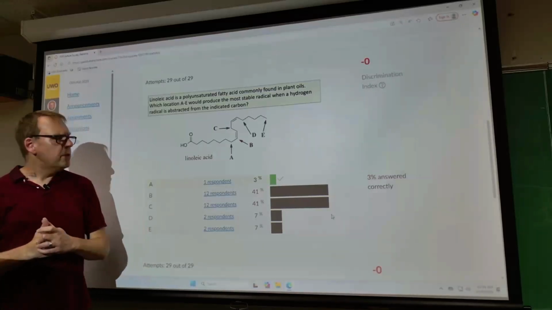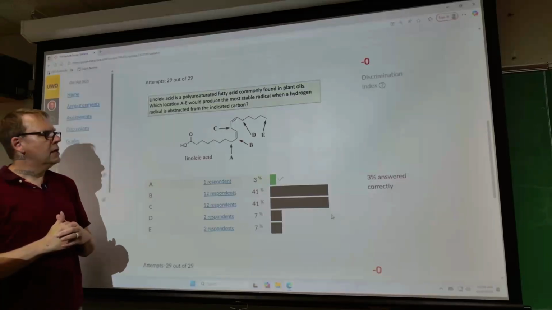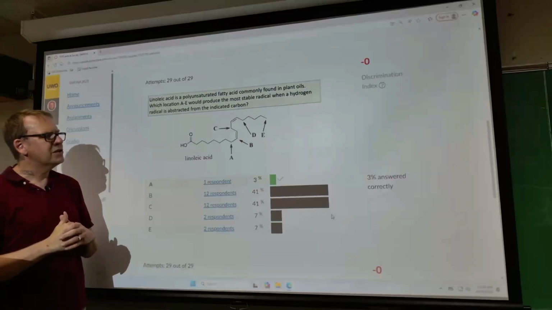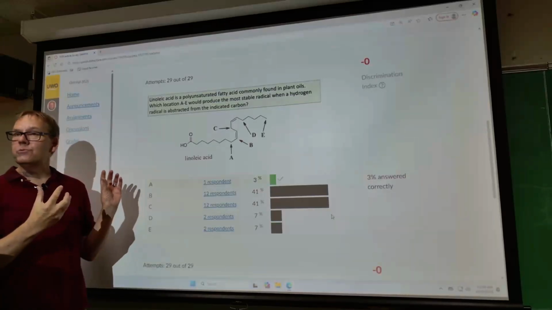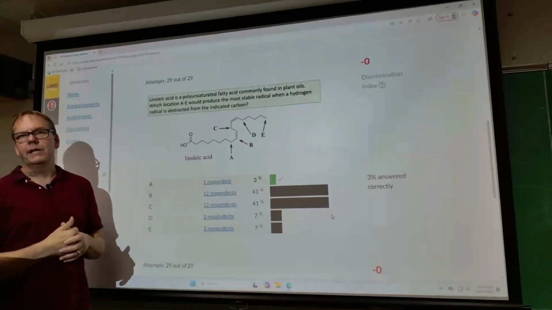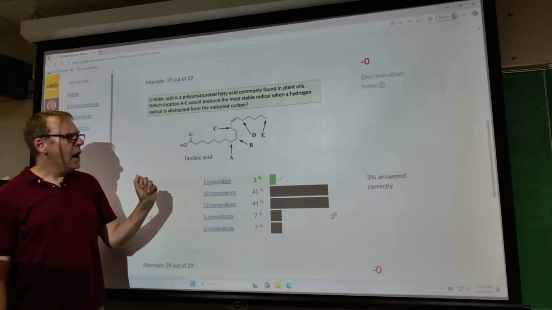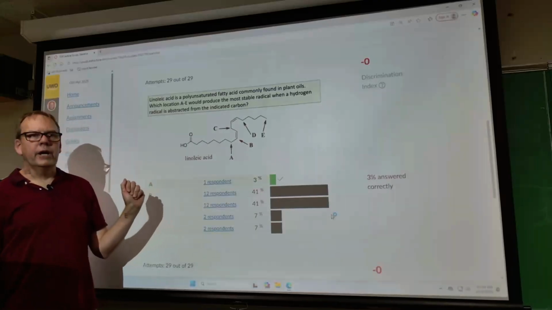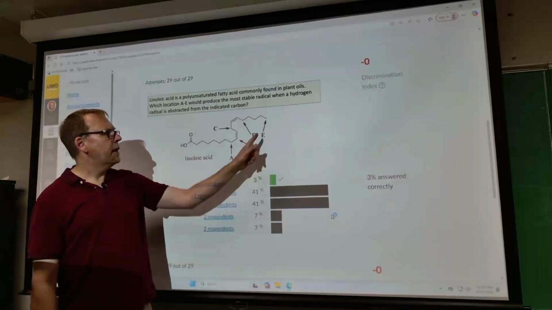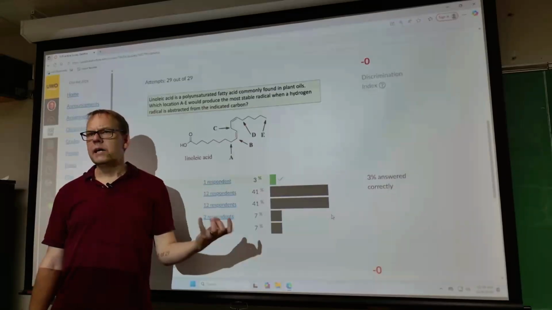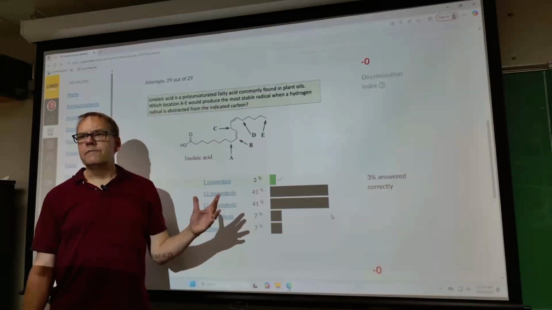By the way, I asked ChatGPT about this question. I took a picture of it and asked it to answer the question. I didn't give it any hints or anything. It did a pretty good job. It selected C. In its explanation, it made a couple of errors. It confused that spot as an allylic position, and then I called it out on that. Then it said, oh yeah, that's a vinylic position.